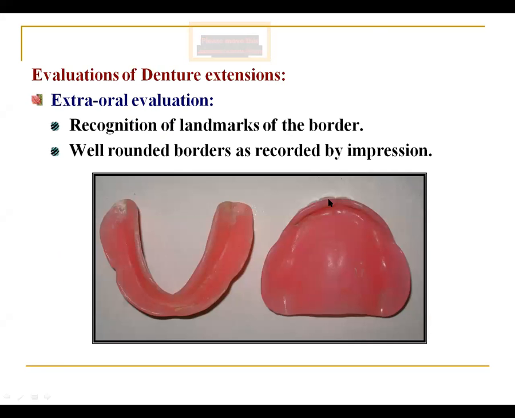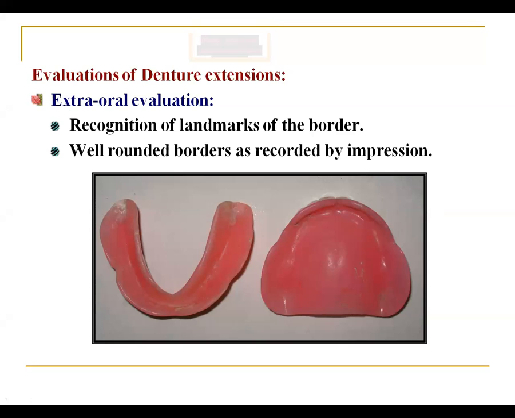So how to check extensions? Evaluation of your denture extensions. First, we have to check extraoral extension. How are you going to check extension extraorally? If your border is overextended, what happens? It will go beyond your vestibule and raise your facial structure.